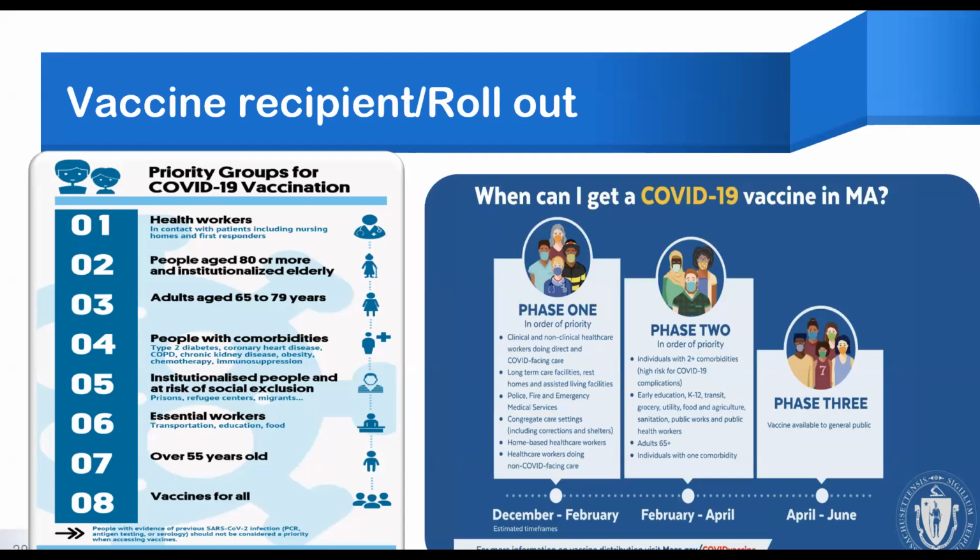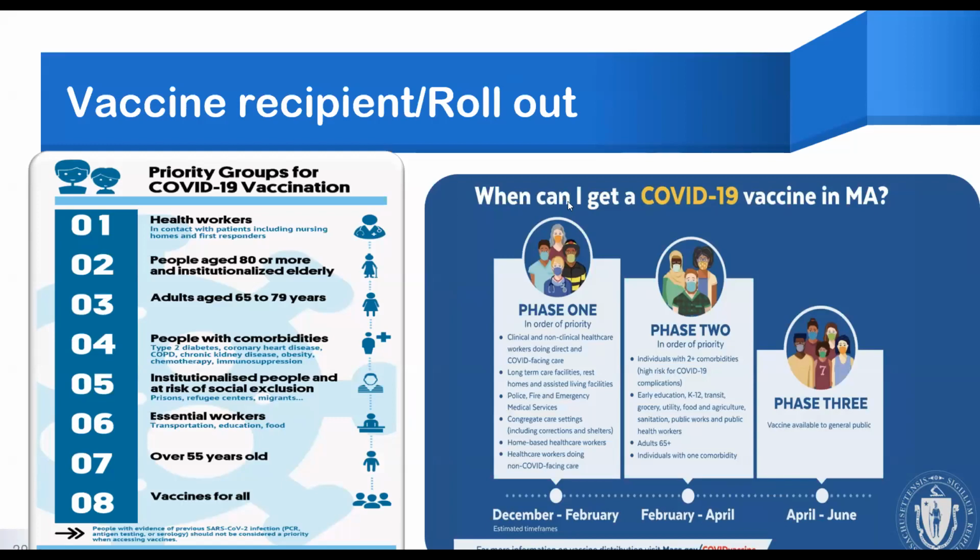So, ang phase 2 is yung individuals with two or more comorbidities. Yung comorbidities, yung may dalawang or more medical conditions. So next is yung example ng individuals is yung mga high risk for COVID-19 complications.